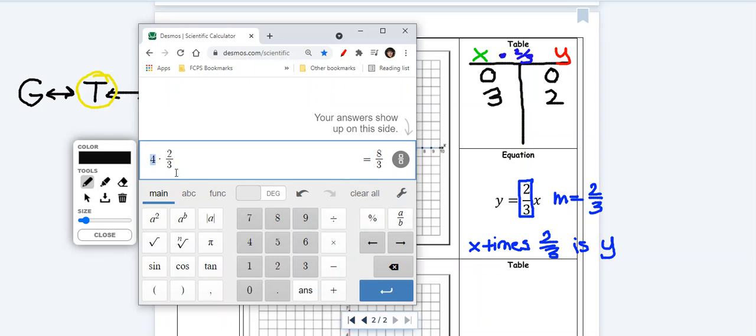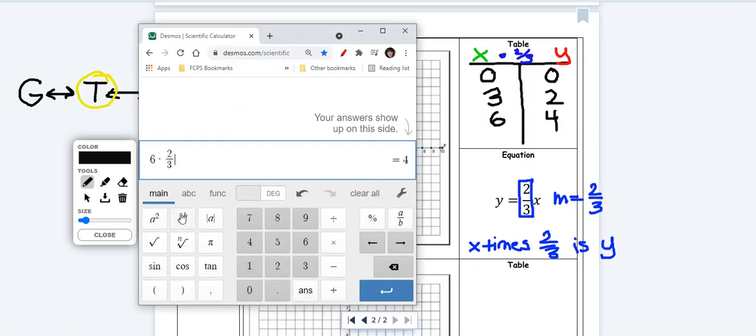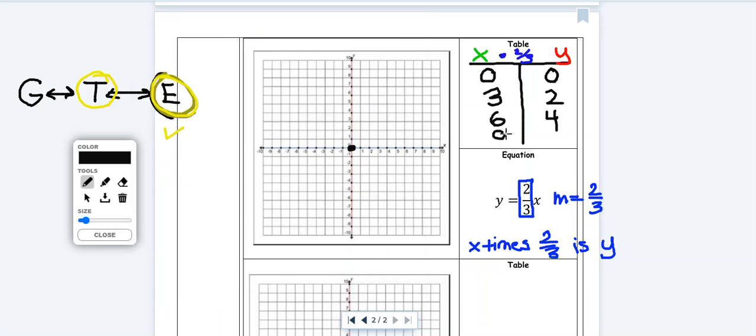However, if I skip count to 3, 6, or 9, I'm going to get a whole number. So put in 6, get out 4. Or if I skip count again, 9 times 2/3 is 6. So when I put in a 9, I get out a 6. This gives me plenty of points.